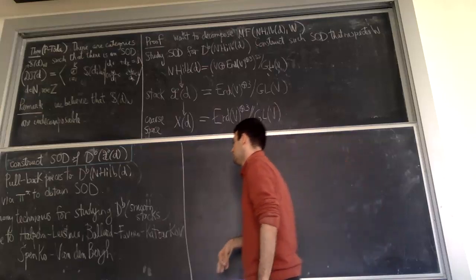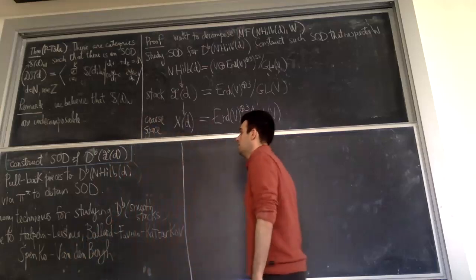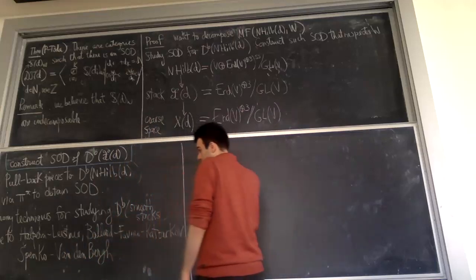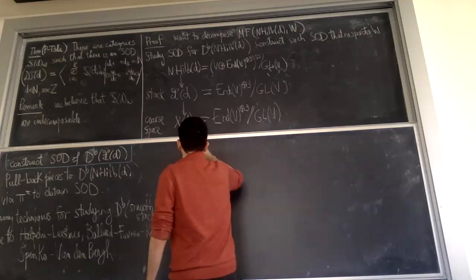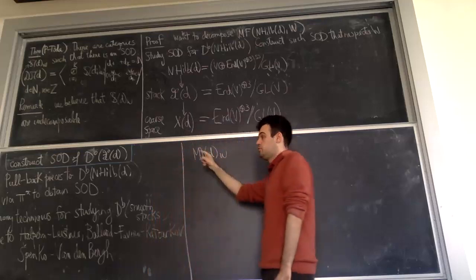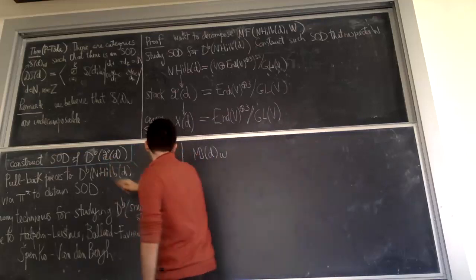Okay, so now inspired by the work of Špenko and Van den Bergh, one can define some primitive pieces that will generate Db of X_D.